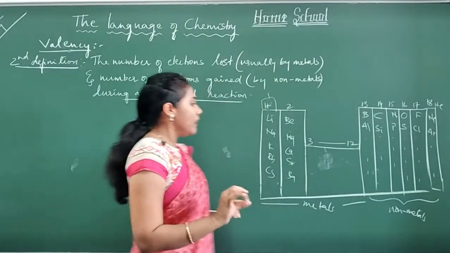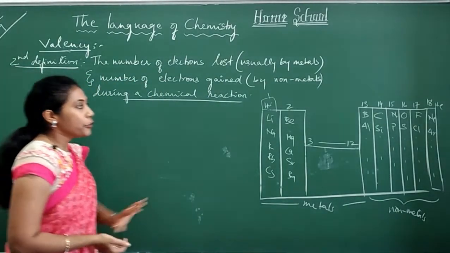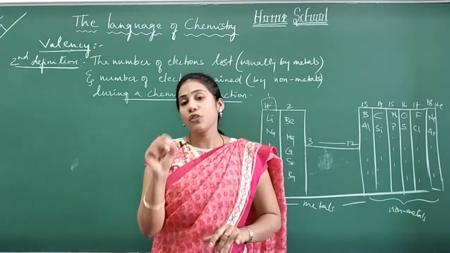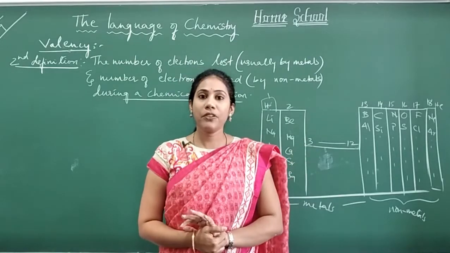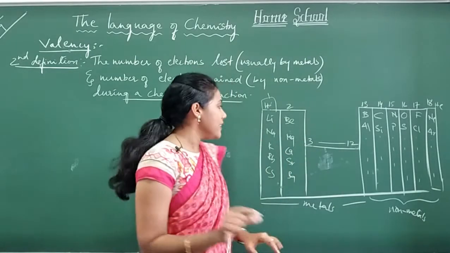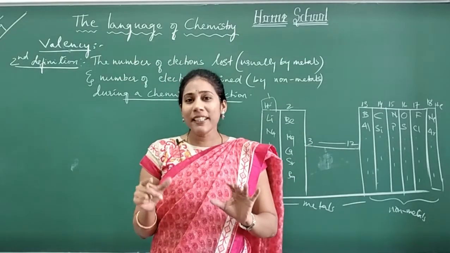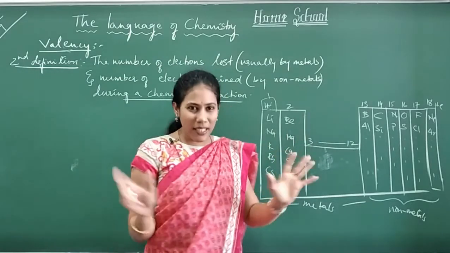Okay, and here what I am going to give you is group-wise valency. Actually, I am giving you a shortcut to remember the valency of the elements. You should know the valency of every element present in a periodic table, but it is not possible for us to remember the valencies of all elements.